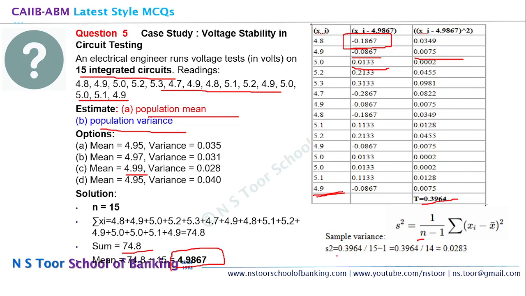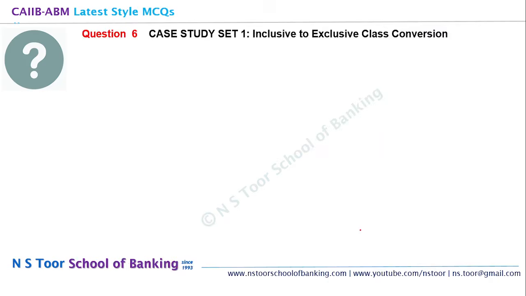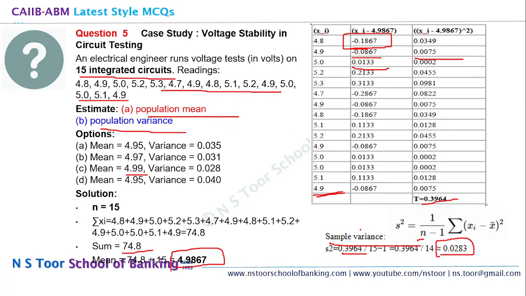So what will be my calculation? 0.3964 divided by 14 is equal to 0.0283. So 0.0283 will be my sample variance. So what is my sample variance? 0.0283. Here they have taken it in 3 digits only. So C will be my correct answer for this question.